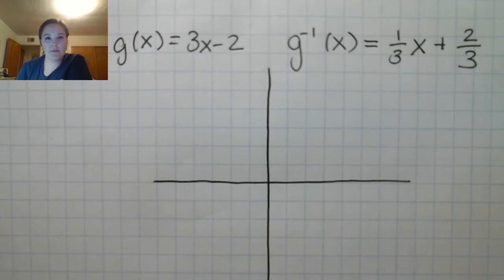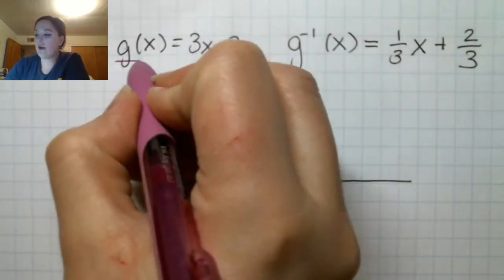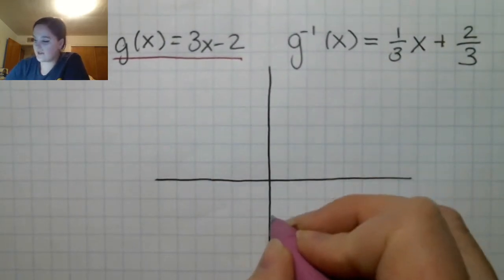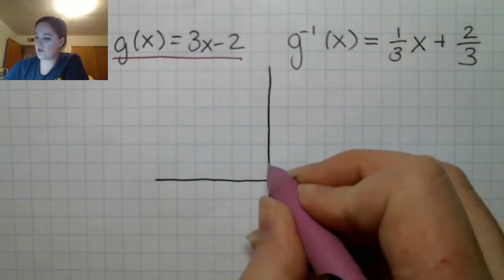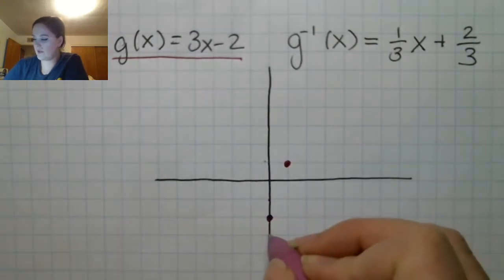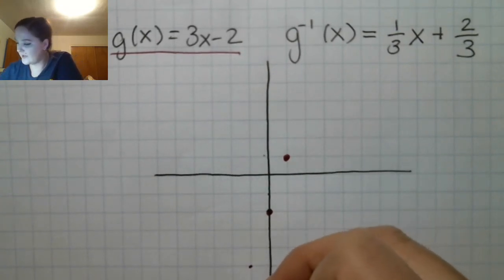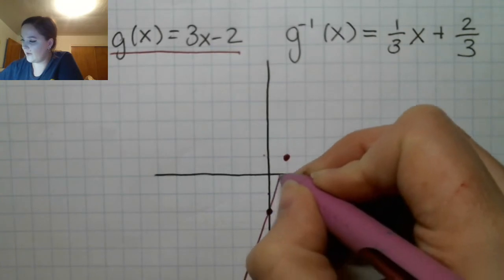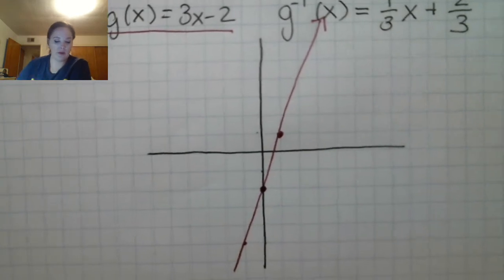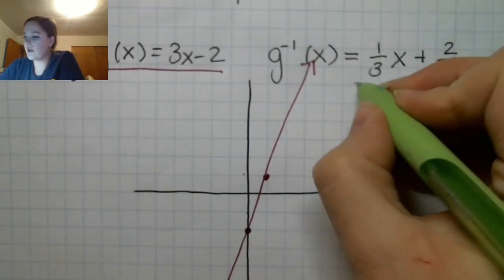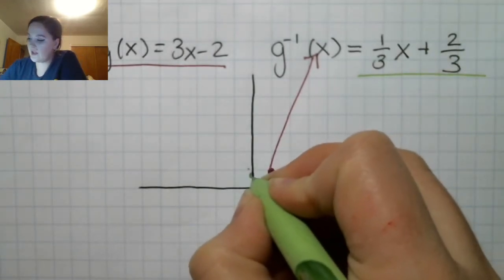All right, so I'm going to start with this one. My y-intercept is at 0, -2, and then my slope is 3. So I'm going to go up 1, 2, 3, and over 1, or down 1, 2, 3, and left 1. I'm going to connect these for my graph here. And then for my inverse function, I can see that my y-intercept is 0, 2/3, so that's going to be here.